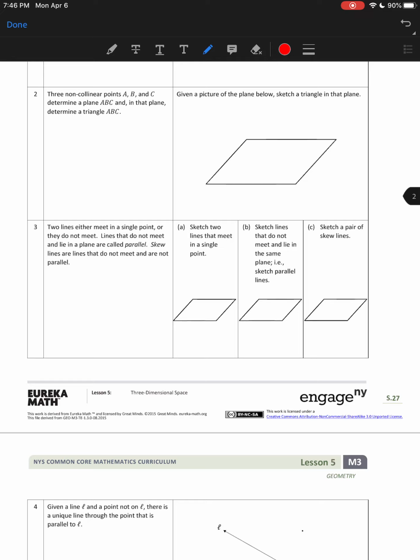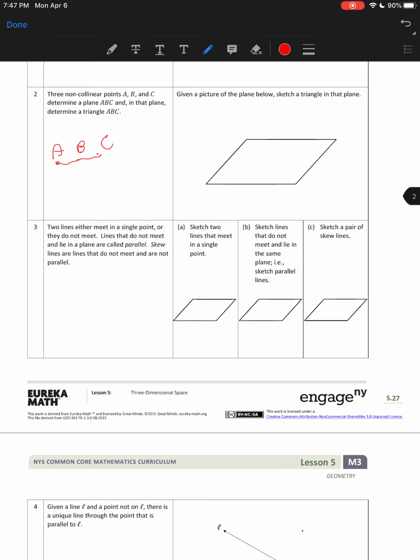So for instance, if you had points A, B, C that formed a line like this, kind of sloppy, you can imagine that doesn't really show you a plane, right? That could just be a line.